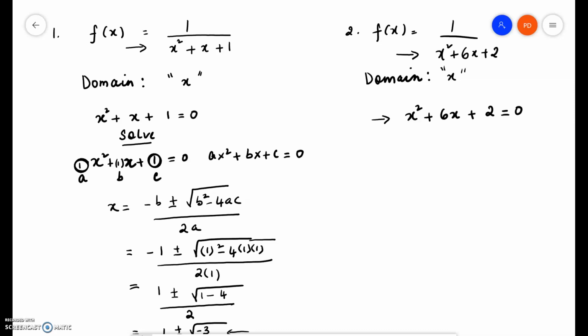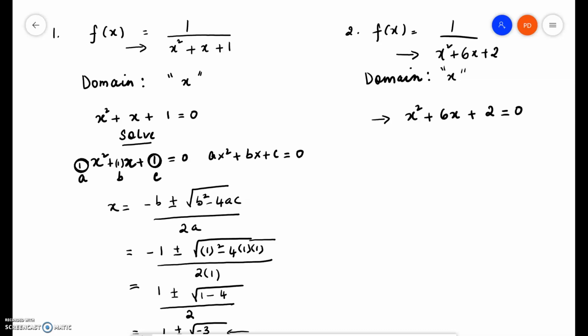Any real number can be plugged into this function with the exception of those numbers that will make the denominator 0. So we're trying to find out if we have any of those x's that will make the denominator 0, which means we have to solve this equation.